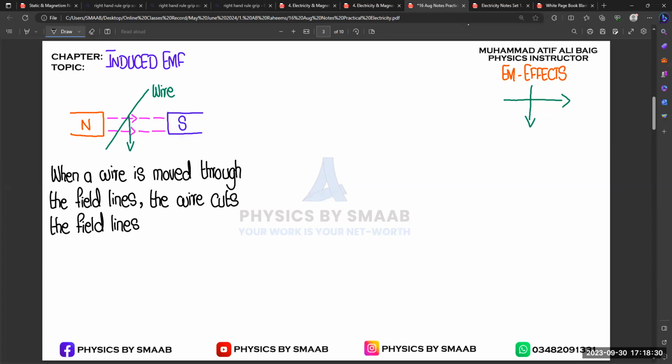And when the wire cuts the field lines, the free electrons or the charges in the conductor start to move, right?